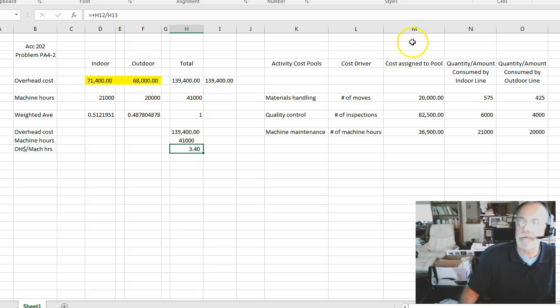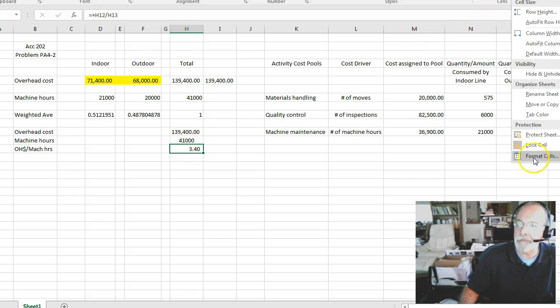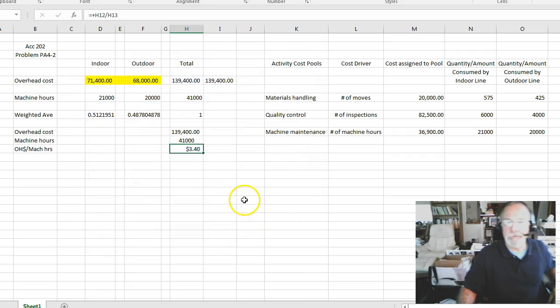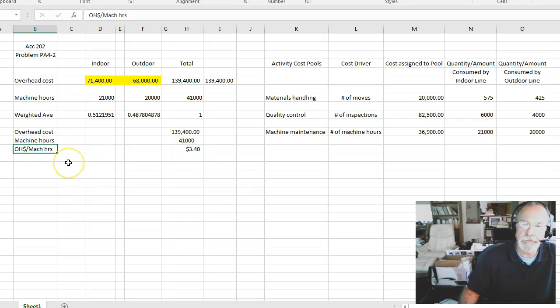Maybe we should put a dollar sign on that one so that we don't get confused. So that's, again, overhead dollars per machine hour. So that would be overhead per 1 machine hour.